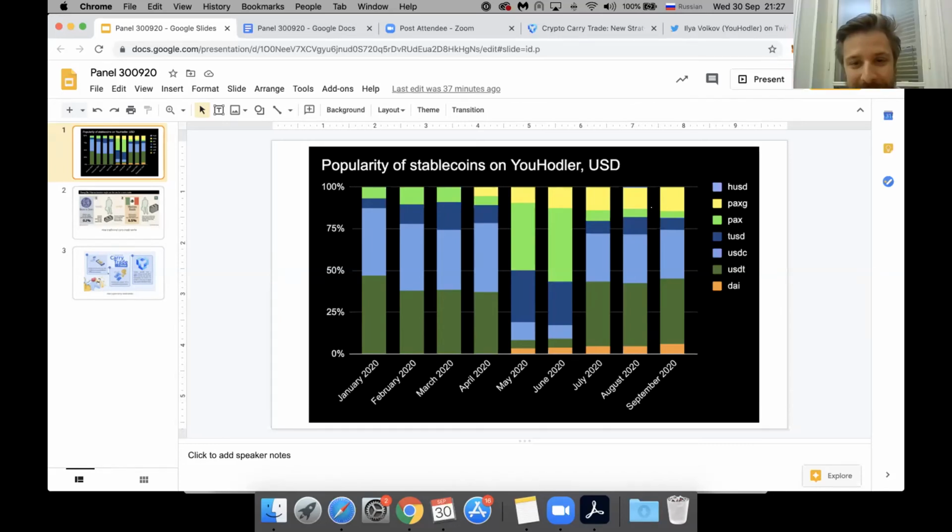And how would you explain the jump in USDT between June and July? Look, from January to April, it was almost the same share for USDT. In May and June, there was some splash in Paxos and TUSD. As for Paxos, I can explain because I have noticed a lot of promo campaigns from Paxos and a lot of partnerships.